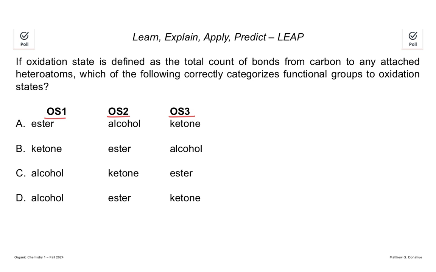So what do you think is the best response? So C. An alcohol is always going to have a sigma bond from carbon to oxygen.